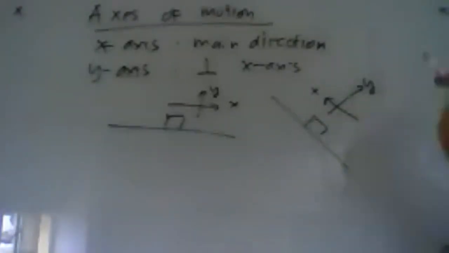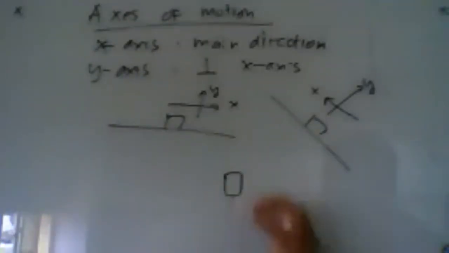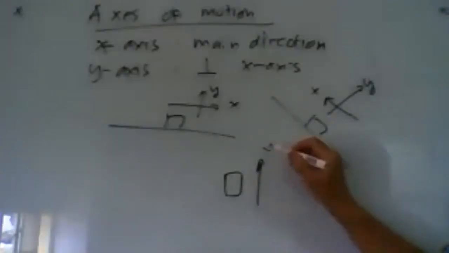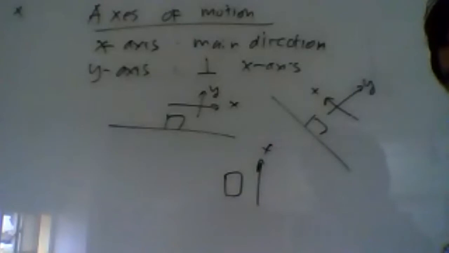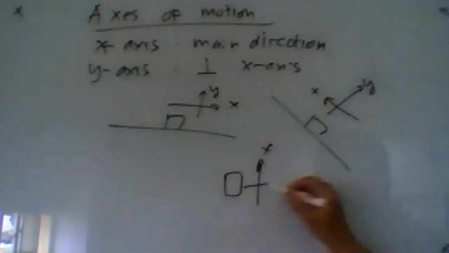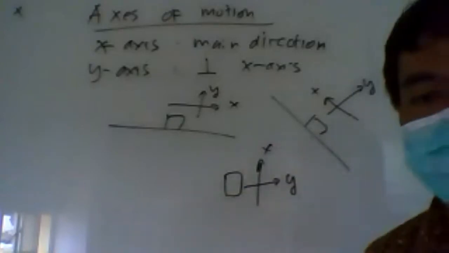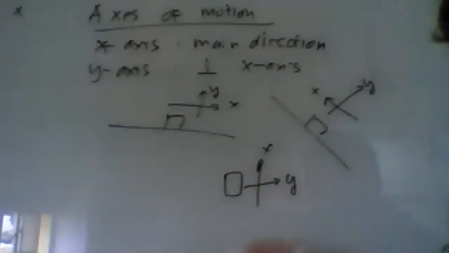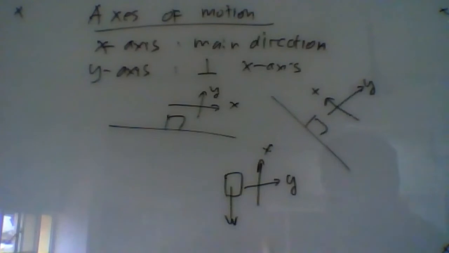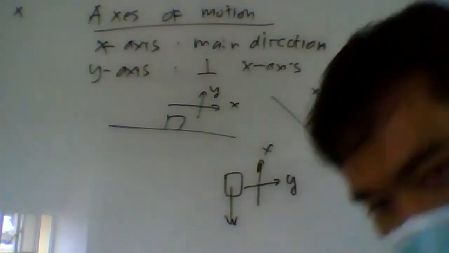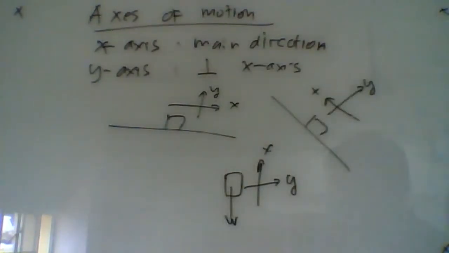Perpendicular to it, we have the y-axis. If an object is going up and down, then that is the x-axis, and perpendicular to it, that's the y-axis. If an object is falling by gravity, for example, then this is the x-axis, the main way that an object is going to move.